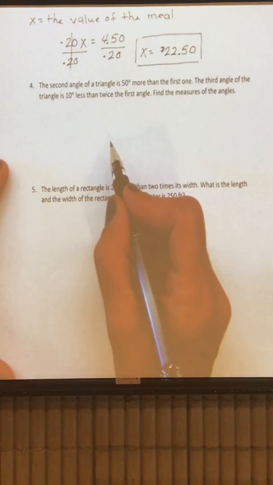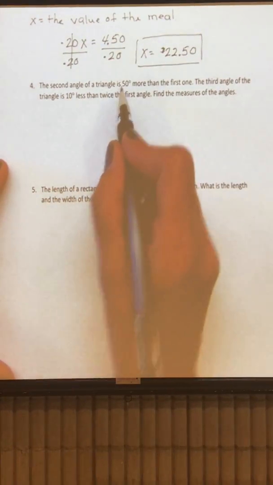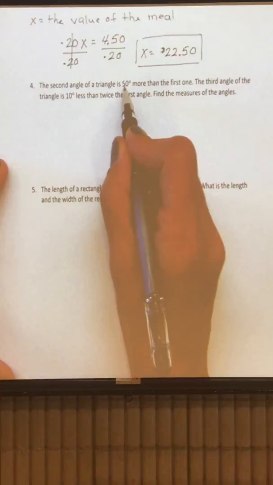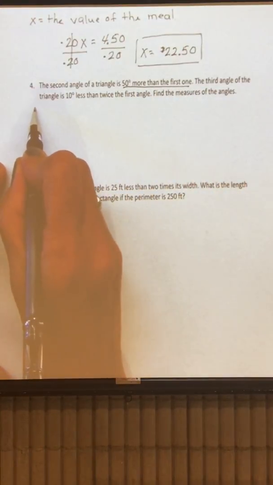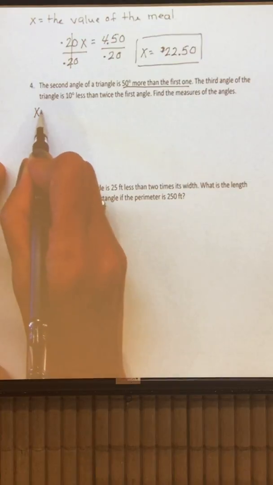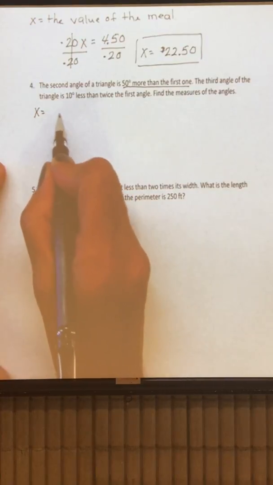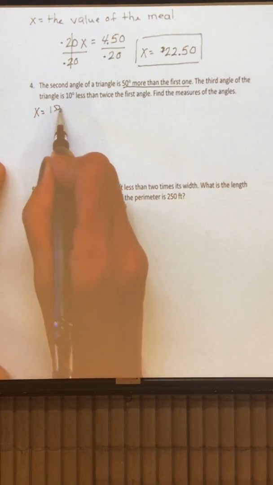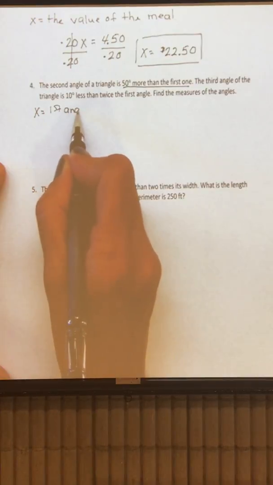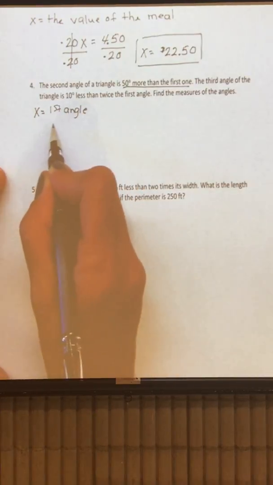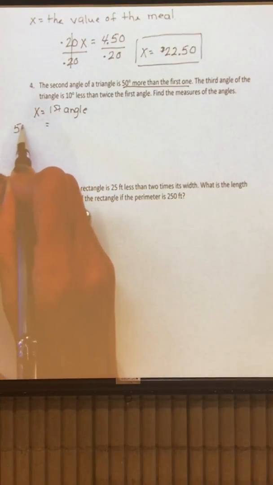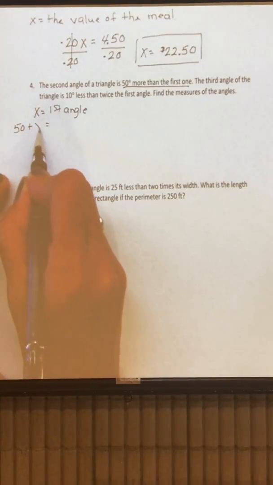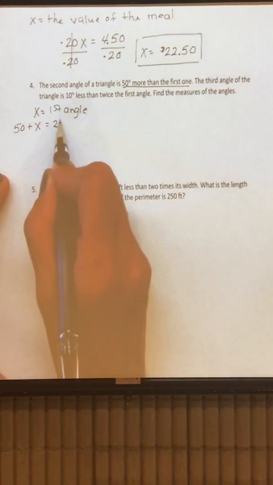Number 4, the second angle of a triangle is 50 more than the first. Let us assume x is equal to the measure of the first angle. The second angle is 50 more than the first, so this is the second angle.